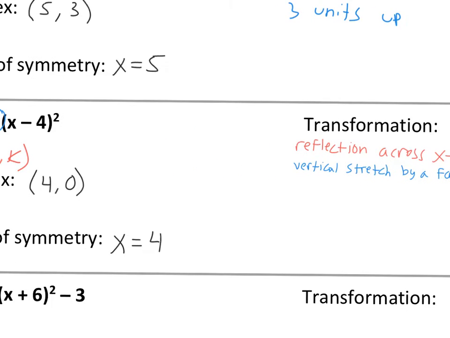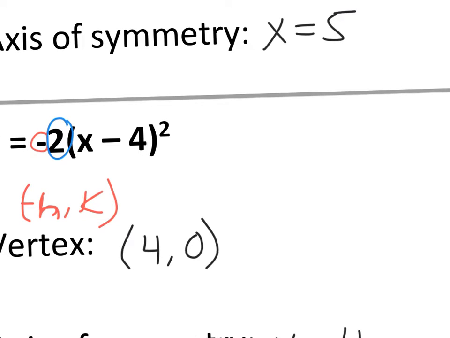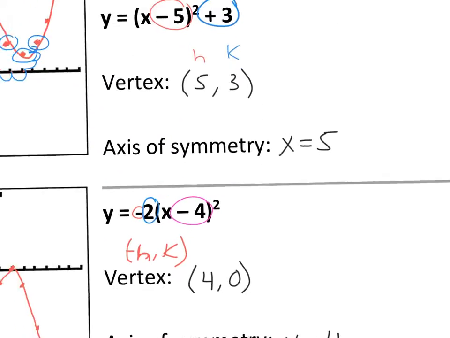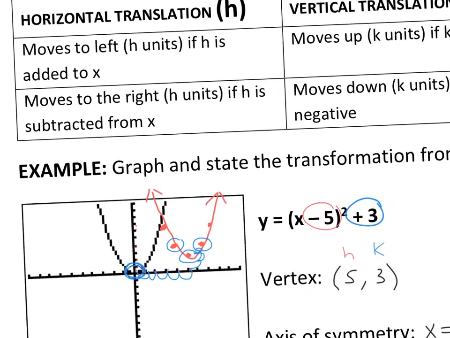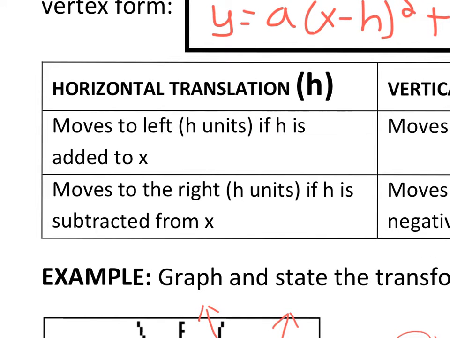So now let's take care of the h and the k. The h here is going to be -4. So what does -4 mean? If you want a cheat sheet, go back up here to your h. Remember, inside the parentheses is horizontal shift left to right. It says a -4, so that means that it moves left if h is added.